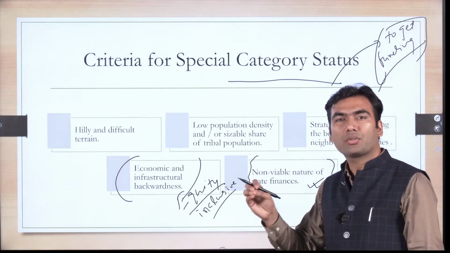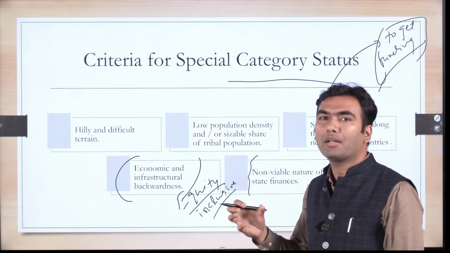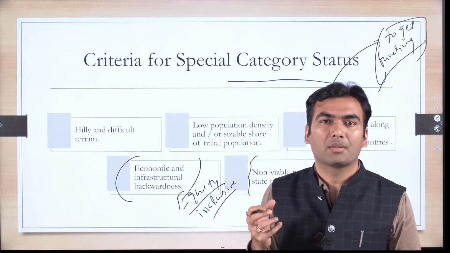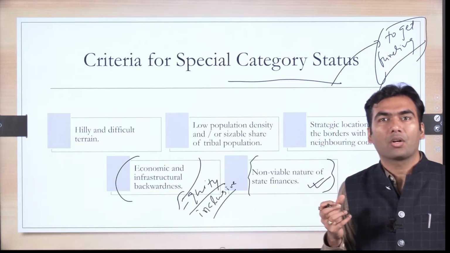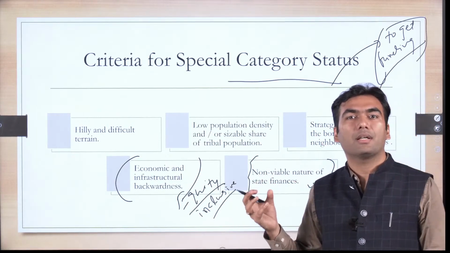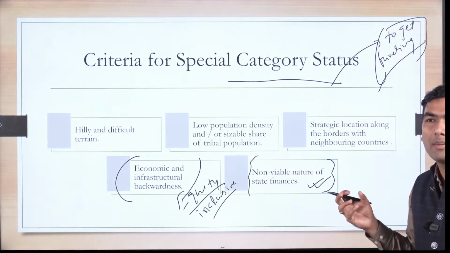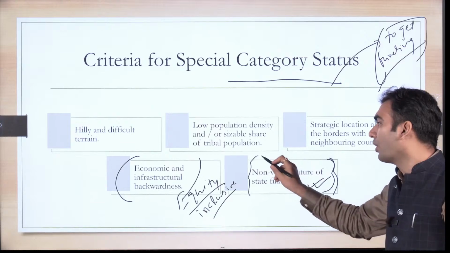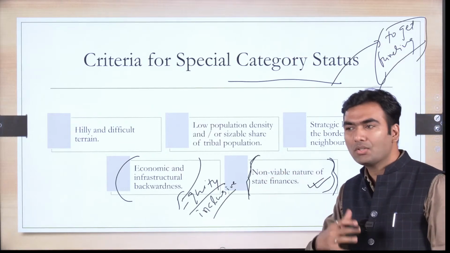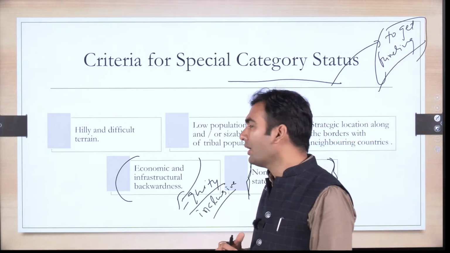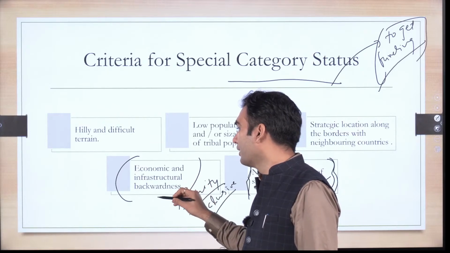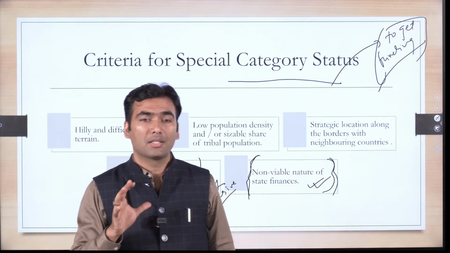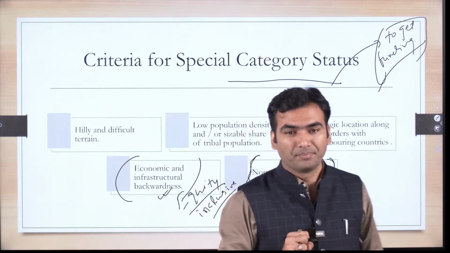Andhra Pradesh is also giving the same argument: since our economic center was Hyderabad, in the joint state of Andhra Pradesh and Telangana, the economic activity was mostly concentrated in Hyderabad. Now that Hyderabad has gone to Telangana, their state finances have become non-viable. The rest of Seemandhra does not have much economic activity, or it is infrastructurally backward.